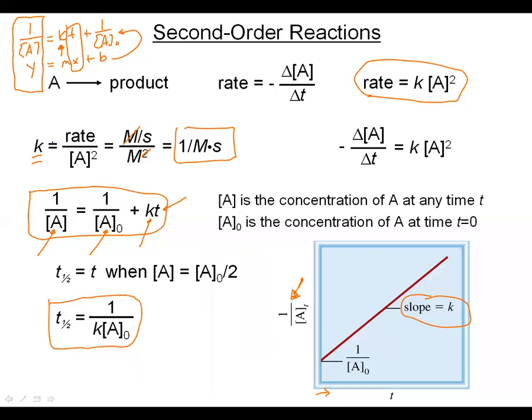Now, you do need to know the typical units for a second order reaction in terms of k. You also need to know the rate law for the second order, and obviously as well the half-life that goes with it, and the typical linear graph that's associated with a second order reaction. Any questions on that?